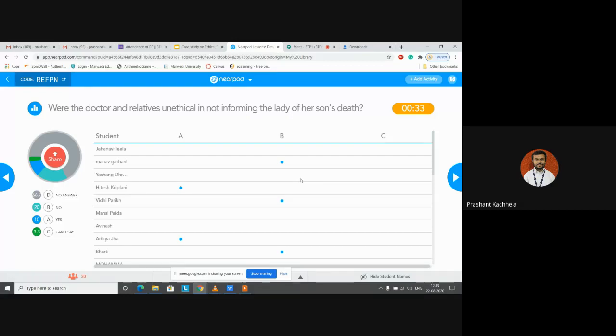Yes, many responses are there, and many of the people are still doing. For them, last 30 seconds left. Be quick so that you can mark. Last 20 seconds. Be quick. Many people already responded. Great.